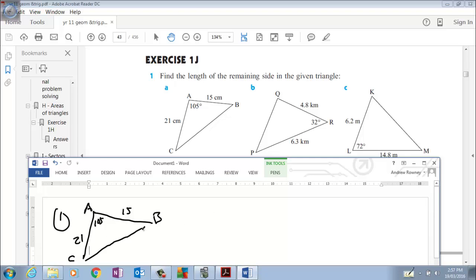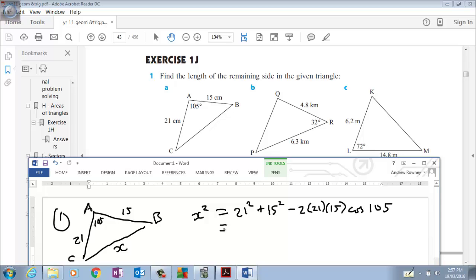Now to write the rule down, we could use letters, but I tend to just write the numbers down straight off. Let's call the thing we're trying to find, the unknown length, x. So we can say x squared equals 21 squared plus 15 squared minus 2 times 21 times 15 times cos of the angle between them.